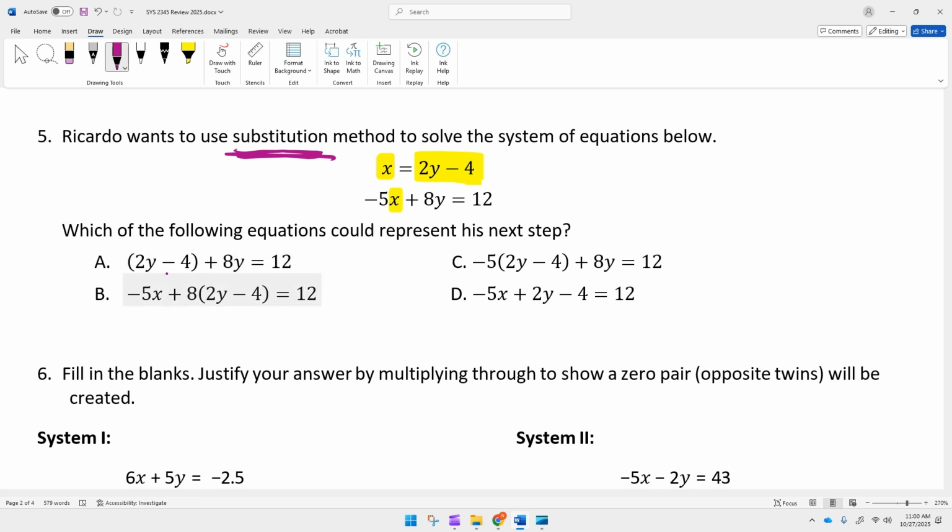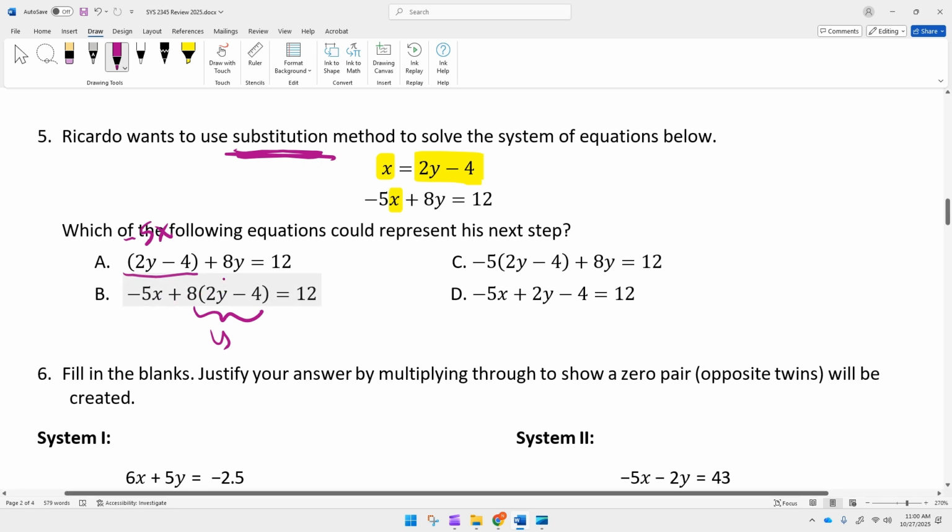So on answer choice A, the reason A is eliminated is they replaced negative 5x. They didn't replace just the x, they replaced the whole term. And the reason that B is not our answer choice is they replaced y. Also notice I still have 2 different variables. If you do the substitution correctly, you only want one variable in your substitution. So B is out, A is out.